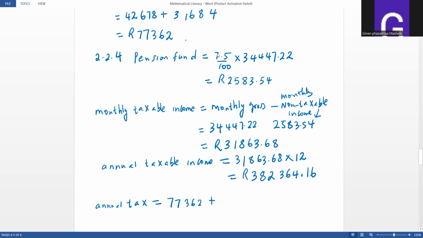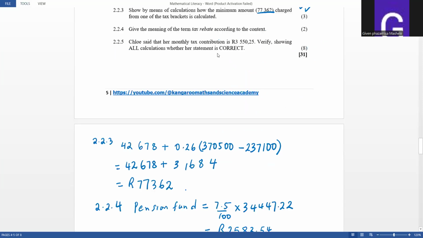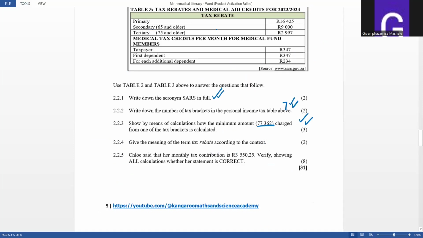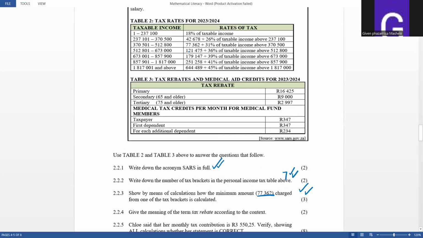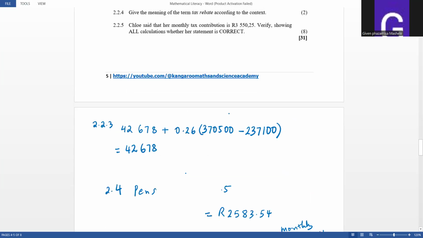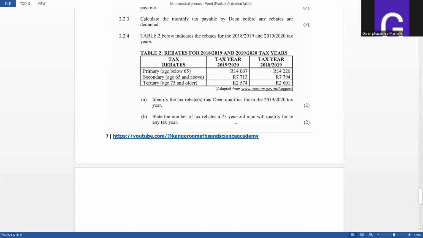Was it 26? Or the percentage is 31. Okay, 31% of the taxable income above.